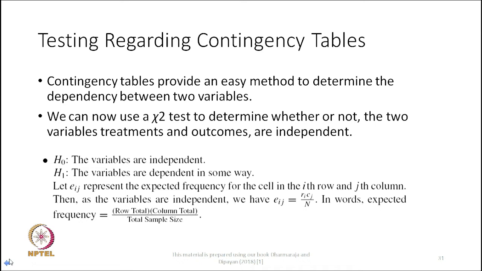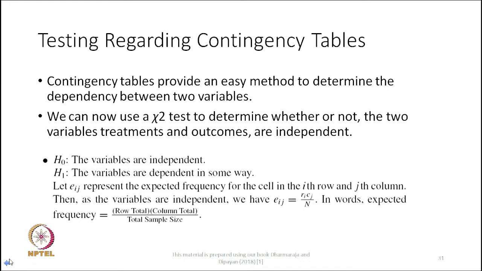As I said earlier, it involves the same 5 steps. The first step is preparing the null hypothesis statement and the alternate hypothesis statement. Then you have to create the test statistic, that is step 2. Here we denote by Eij the expected frequency for the cell in the ith row and the jth column.